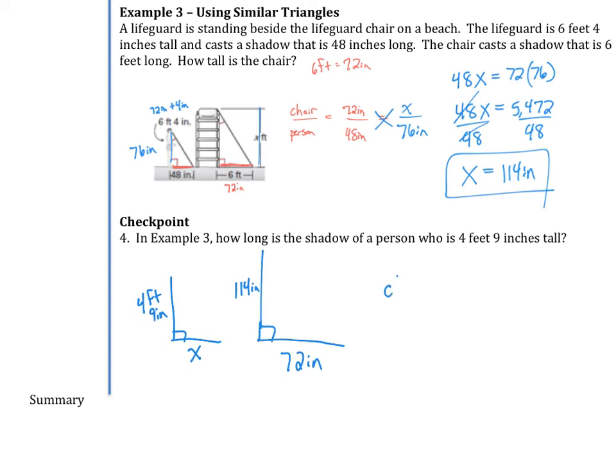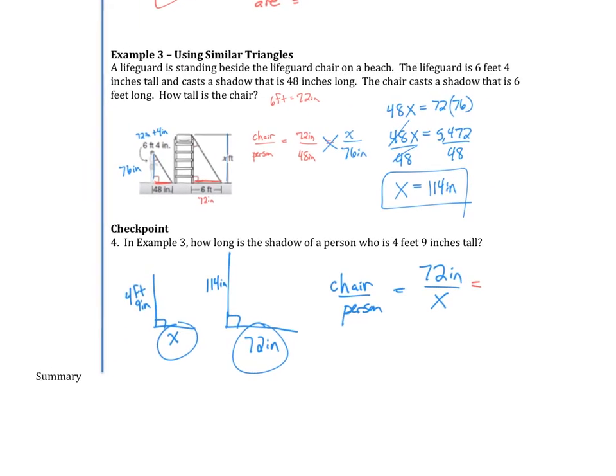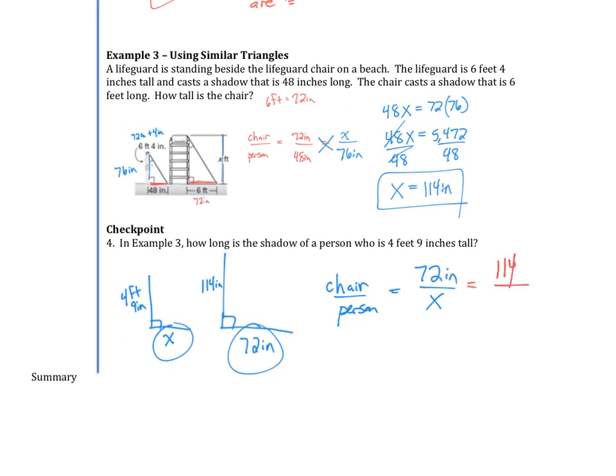So we're going to do chair over person again. So the chair's shadow is 72 inches. The person's shadow we're going to call X because we're looking for it. So 72 over X. The height of the chair we found out was 114. And the height of the person is 4 foot 9. 4 feet is equal to 48 inches.